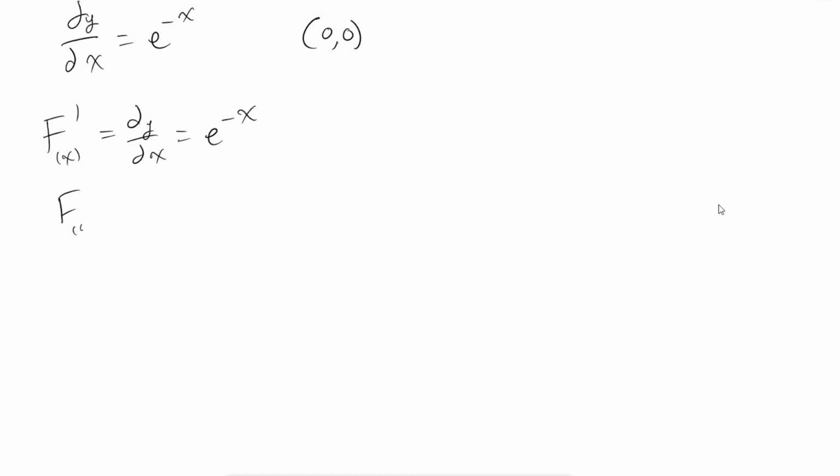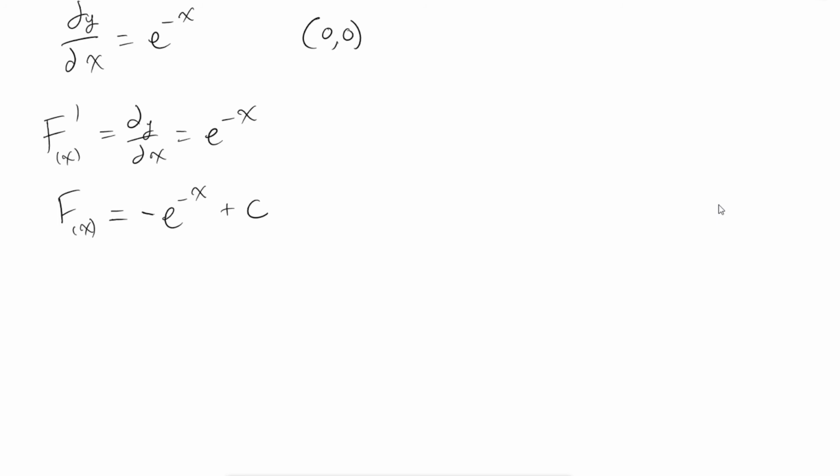So my antiderivative is, according once again to that table on page 405, negative e to the negative x plus a constant. The general antiderivative is negative e to the negative x plus the constant.